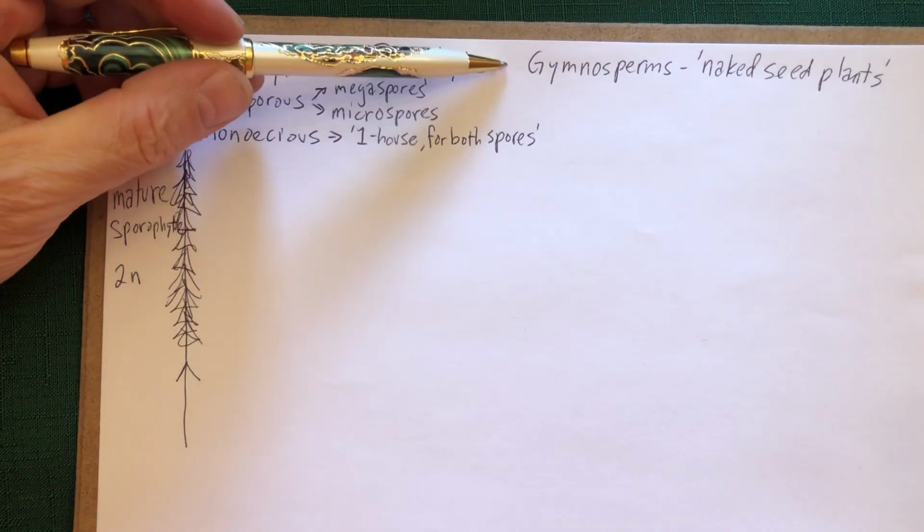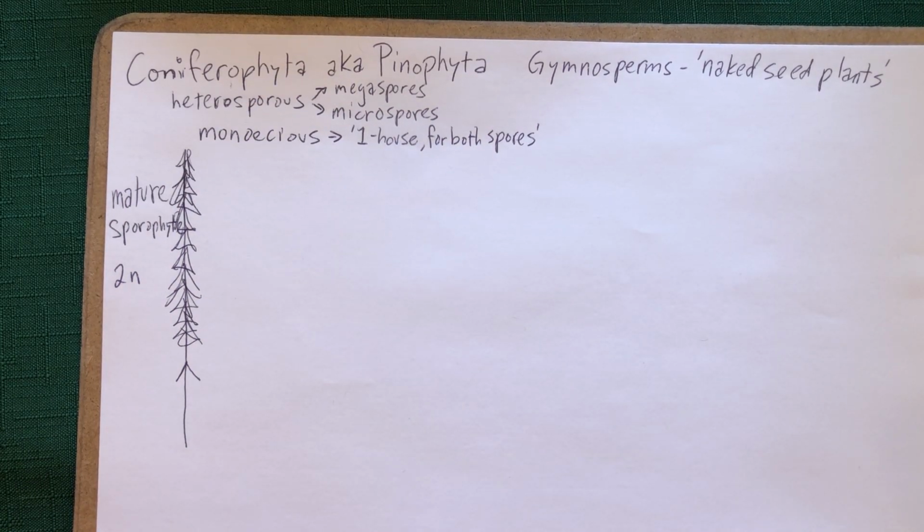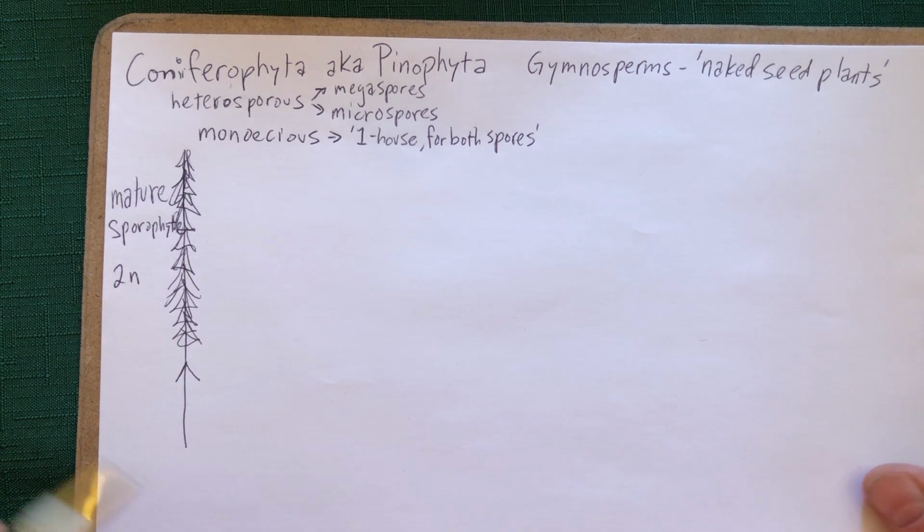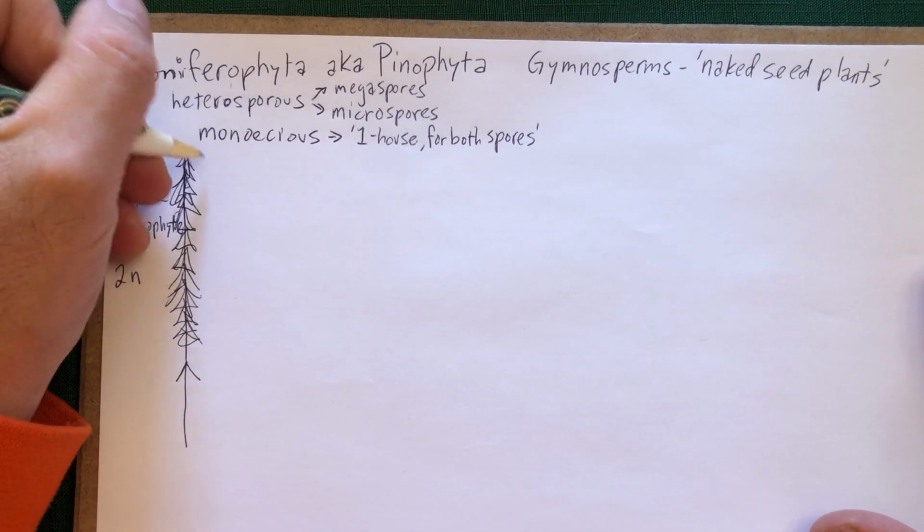In other gymnosperms, like in the cycads and in ginkgo, the large spores and the small spores are produced on separate plants, which often are referred to as male and female, which has problems. It can lead to confusion. It's not inaccurate, it's just can lead to confusion for reasons that hopefully we'll get into.